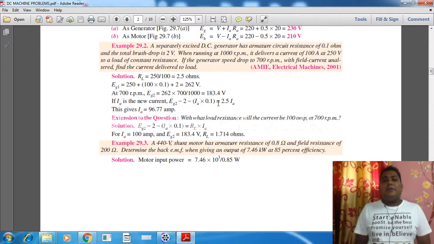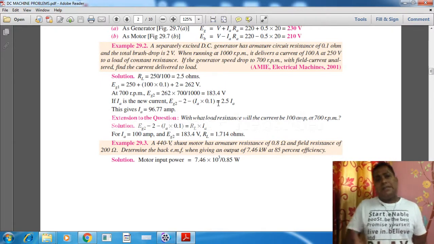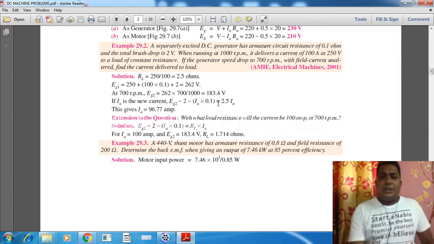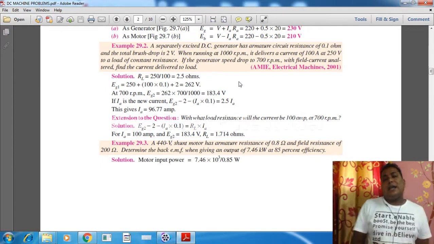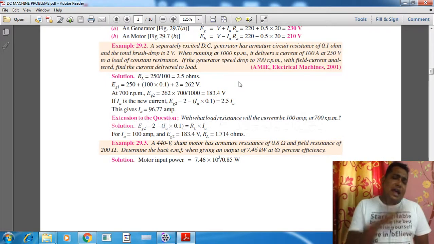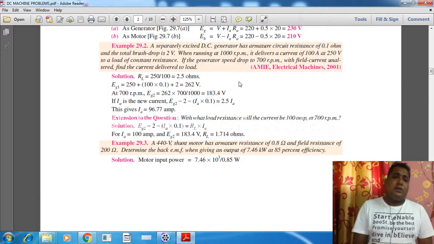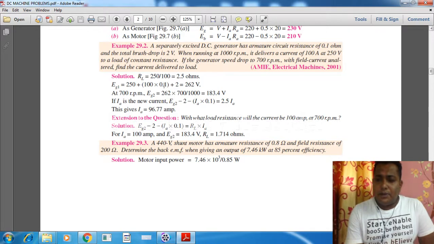So what is 2.5? In this separately excited case, whatever is the armature current is actually the load current, correct? That's why instead of IL we can write Ia over here. If we solve that, we can find out the armature current. Okay. So coming to the next problem.